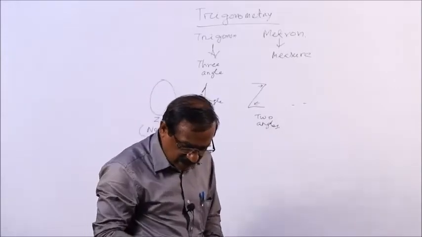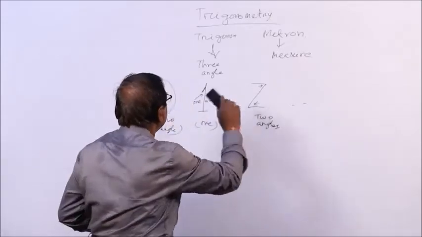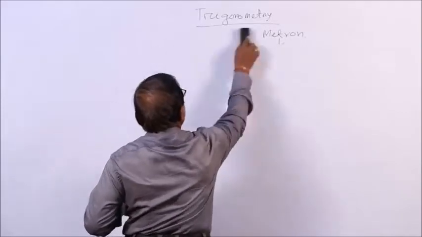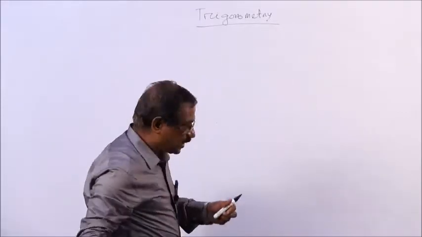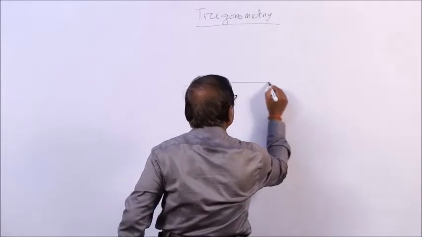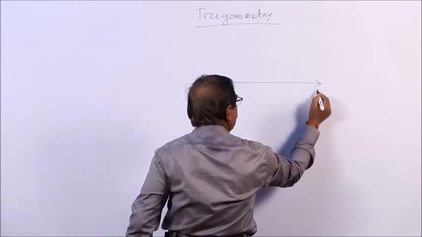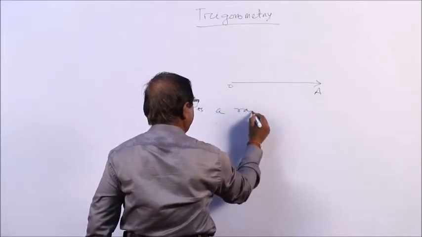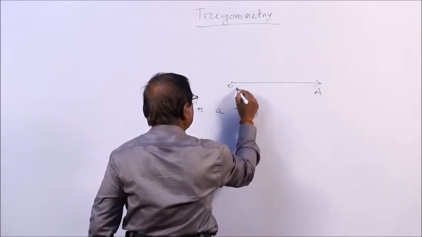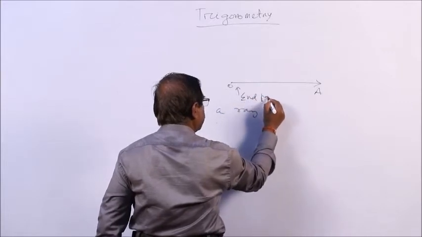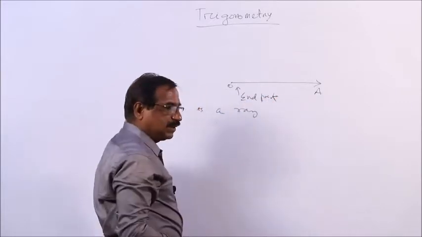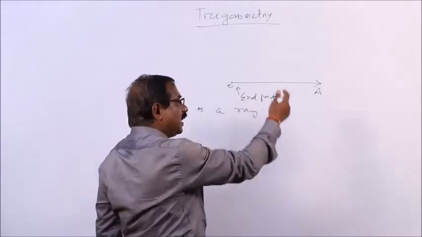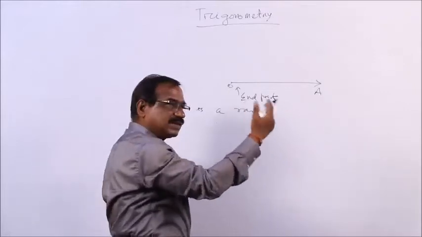Now, we are interested in measurement of angles like this. We shall consider a simple ray OA. OA is a ray, and this point is called the end point. If we rotate this ray up or down, we will get angles.